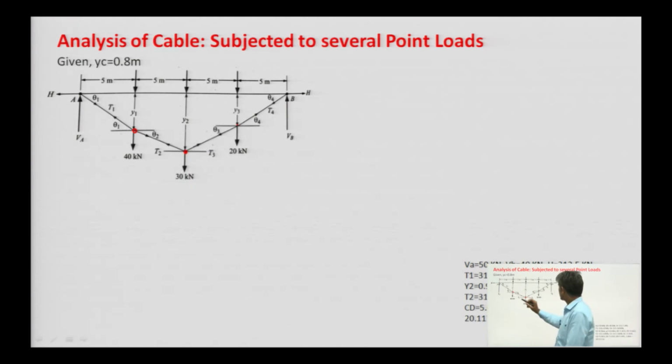This cable is supported at point A and at point B. So, these are the vertical reactions, VA, and this horizontal reaction H, and vertical reaction VB.